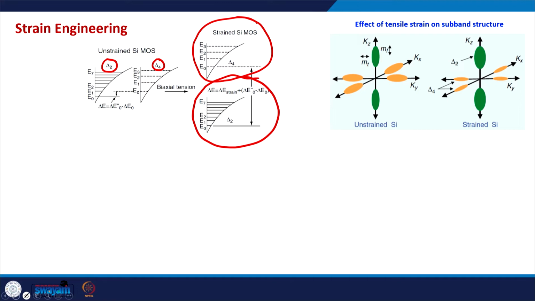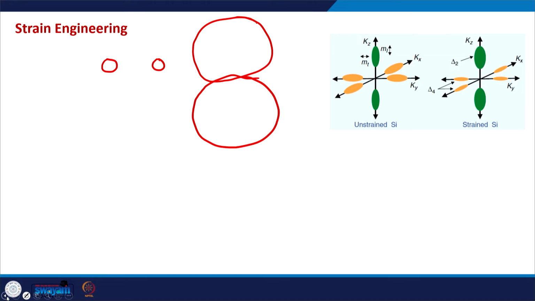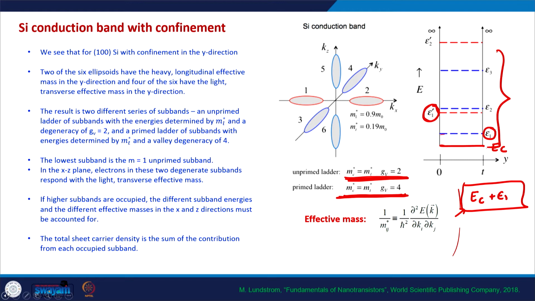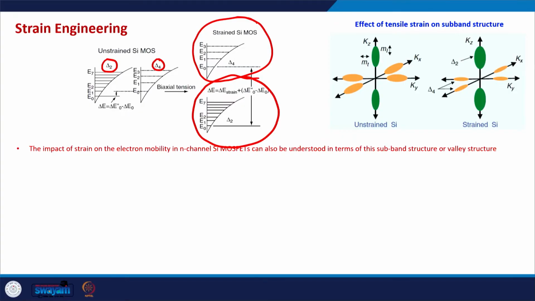So what it means is that because of the biaxial strain, if we go back to our previous diagram again, these epsilon 1, epsilon 2, epsilon 3, these unprimed energies go down and these primed energies go up. So the degeneracy is further lifted, or now the energy difference is even more between the two kinds of electrons. Relatively, we cannot say for sure which energy goes down and which goes up. It is the relative difference between these two kinds of valleys that is increased.